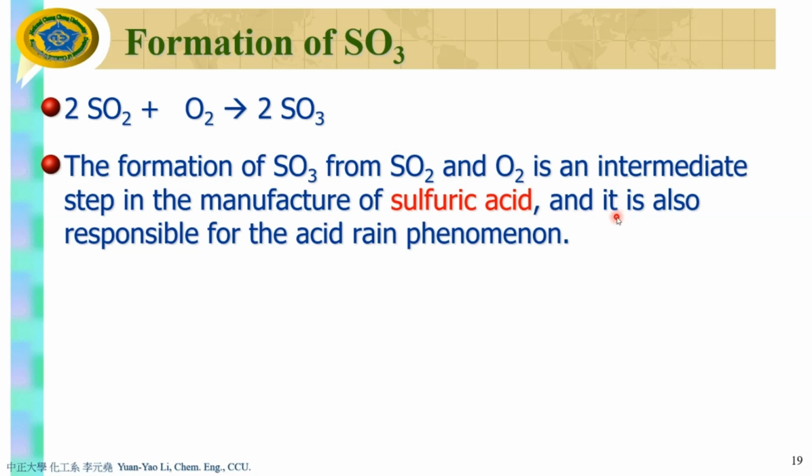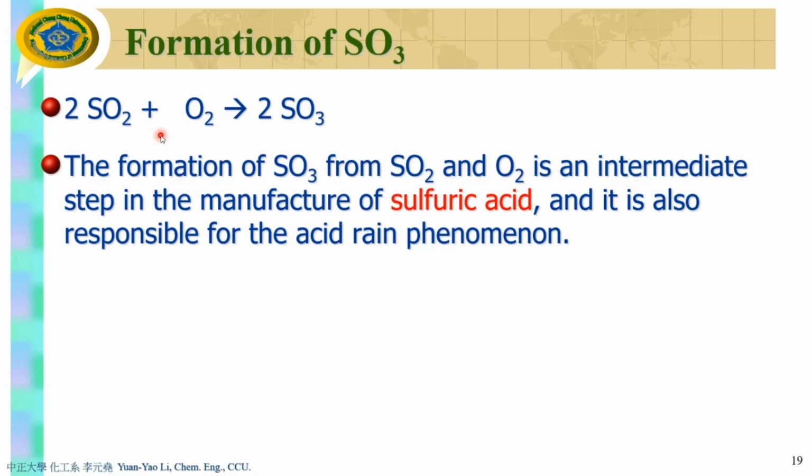But you know, it is also responsible for the acid rain phenomenon. If you release SO2 to the environment, together with oxygen, it becomes SO3, and when water comes, it becomes sulfuric acid. So that's what we call acid rain.